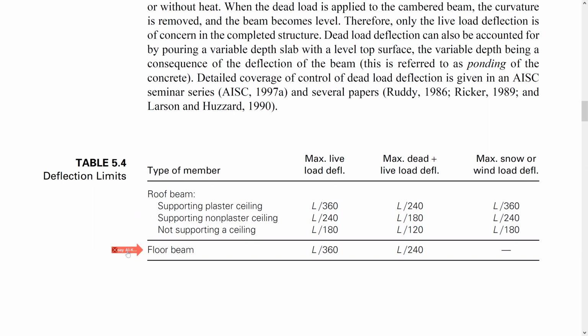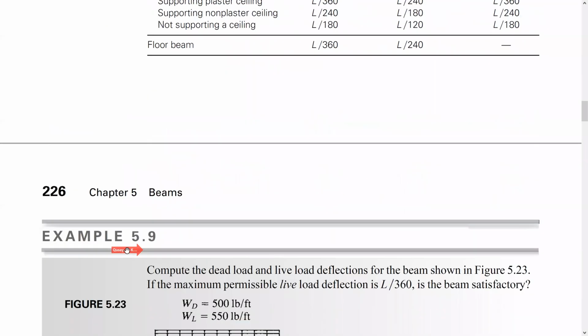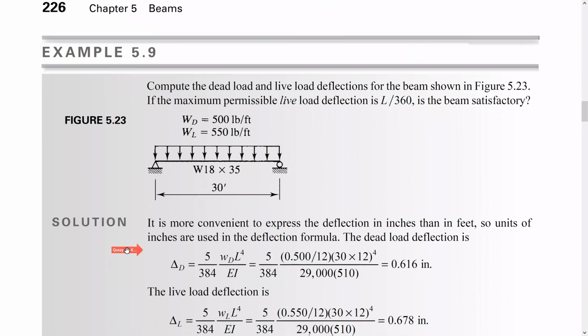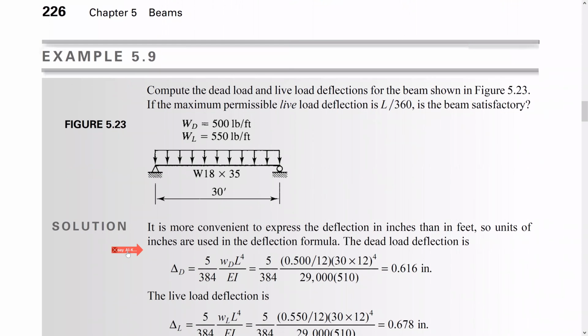So let's move down to Example 5.9, page 226. In this example, the problem statement says compute the dead load and live load deflections for the beam shown in Figure 5.23, which is this one. It is a simply supported beam loaded with a uniformly distributed load. Here is the dead load and here is the live load.